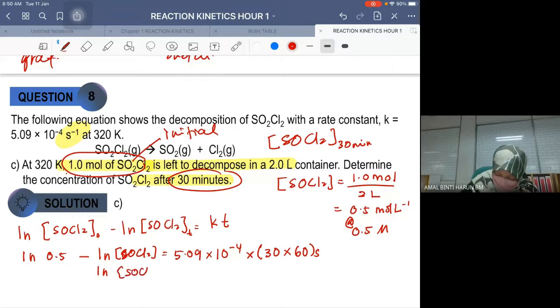Concentration SOCl2, ln 0.5 tolak 5.09 eksponen negatif 4 times the.